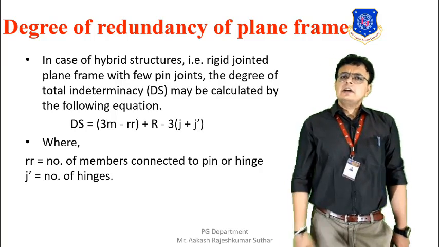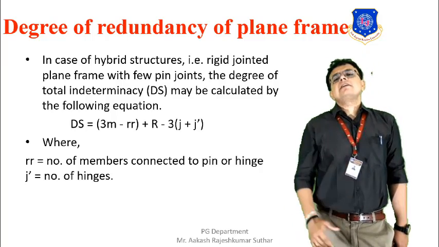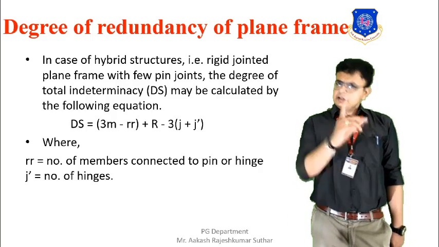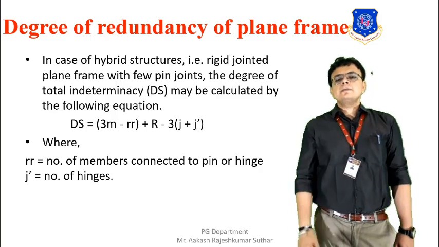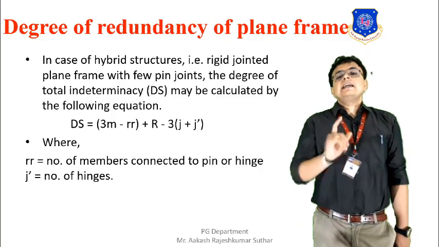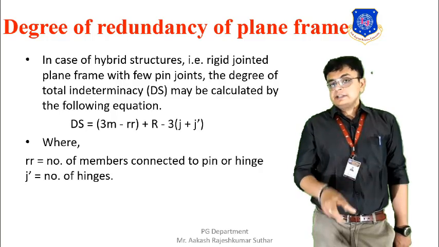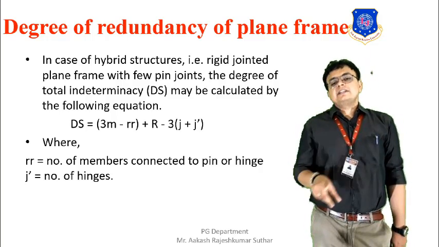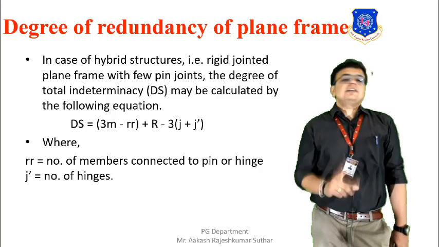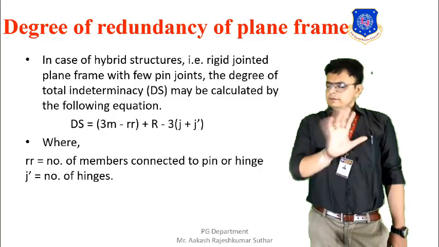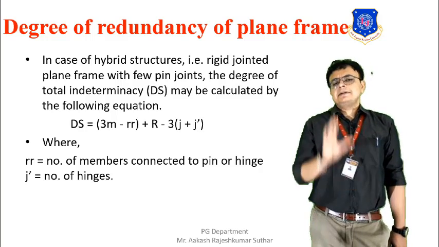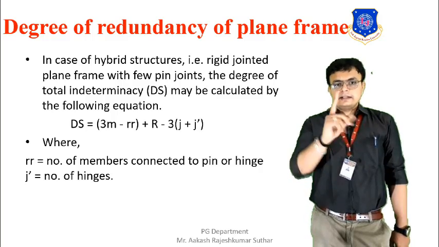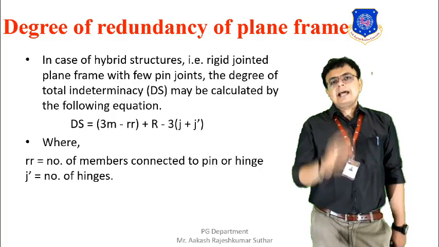For such a plane frame where pins are available, to calculate the degree of static indeterminacy we have another formula, that is Ds equal to 3m minus R double-R, in brackets, plus capital R minus 3 in brackets j plus j dash. So we know about m, capital R and j, but there are two new terms, that is capital double R and j dash.